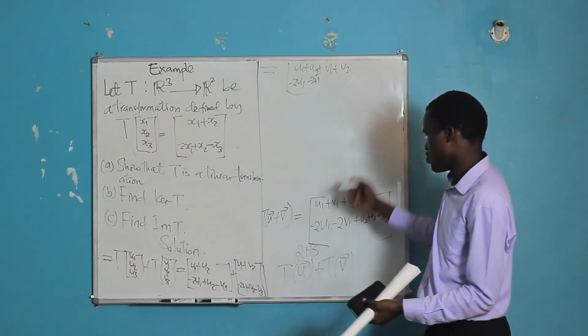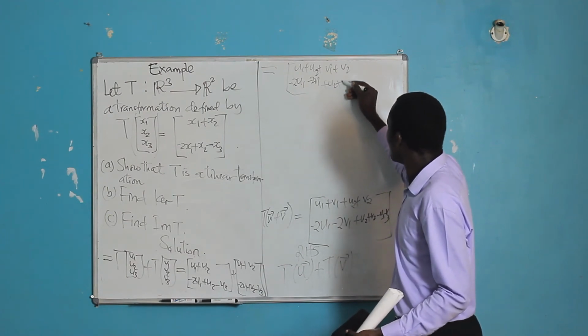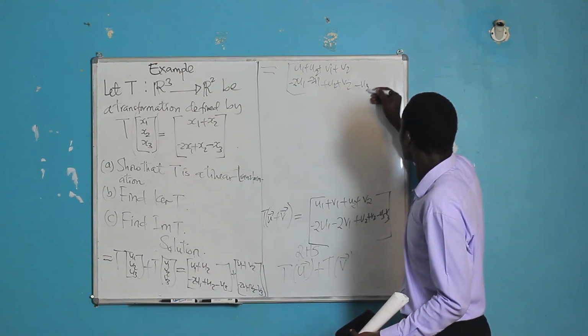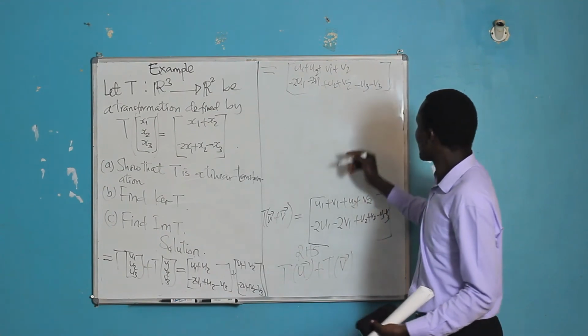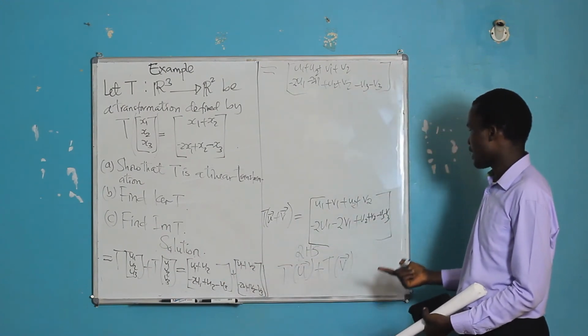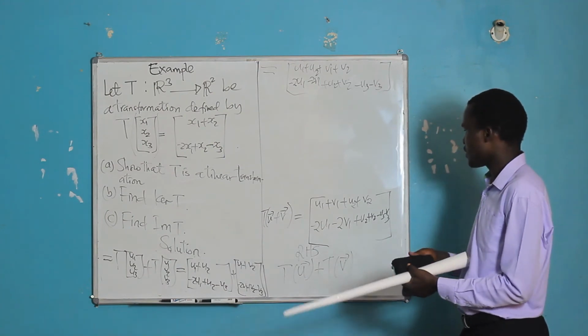Let us just finish it here. And this plus U2 plus U2. This one plus this one. And lastly, minus V3 plus V3. You can see this one makes the right hand side equal to the left hand side. And therefore the first axiom is satisfied.